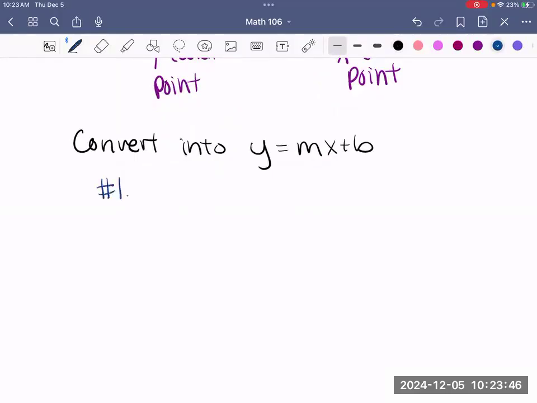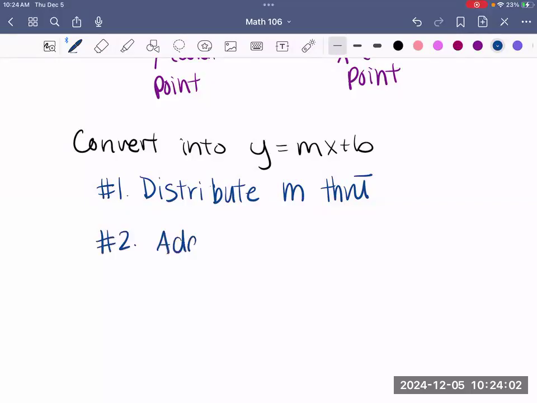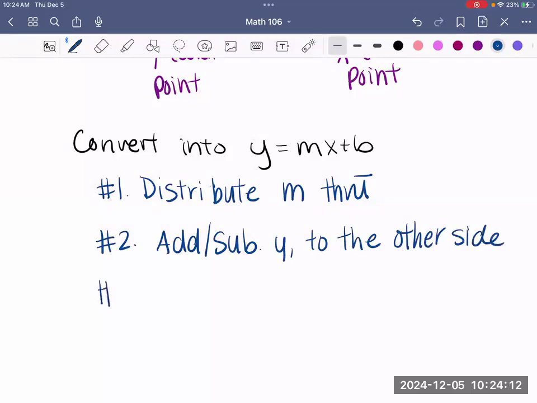So number 1, distribute m through. So distribute your slope. Step 2, add or subtract y1 to the other side. And step 3, we combine like terms.